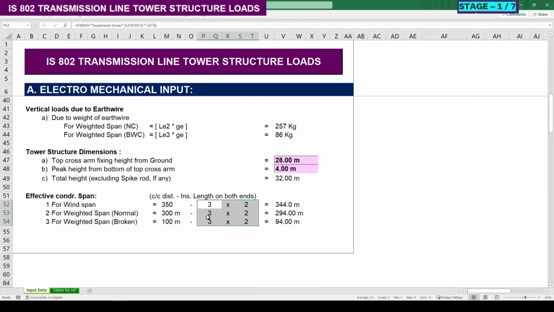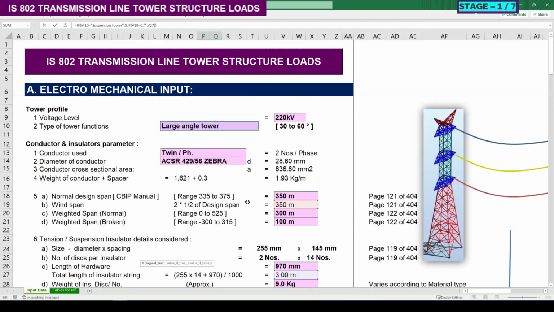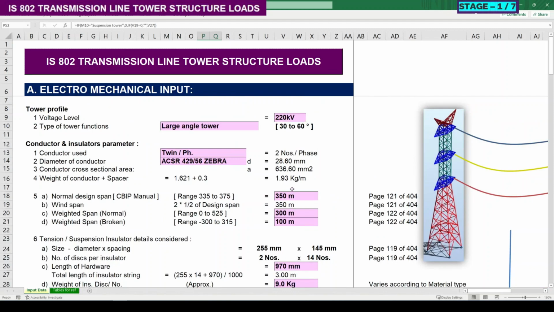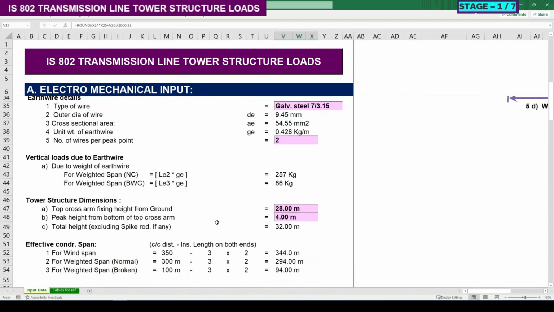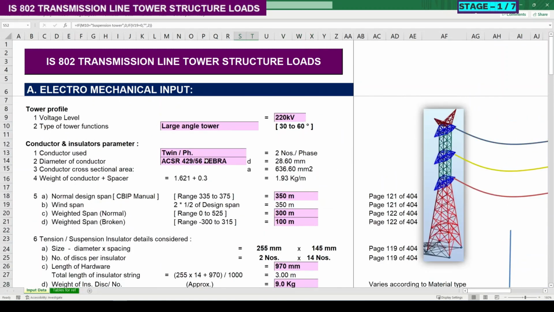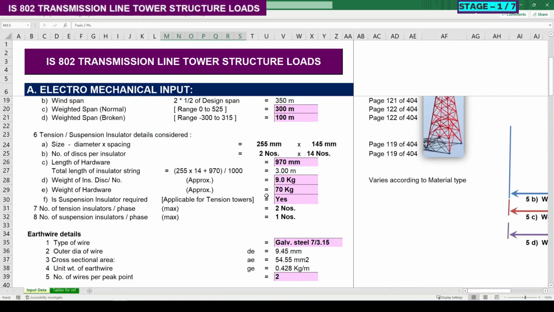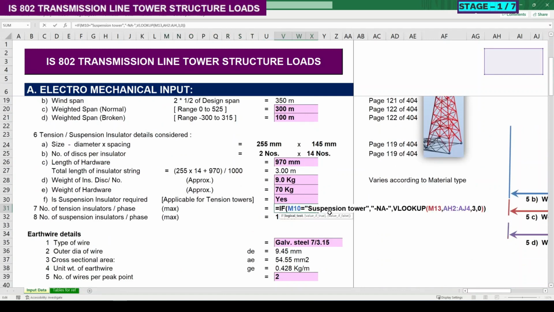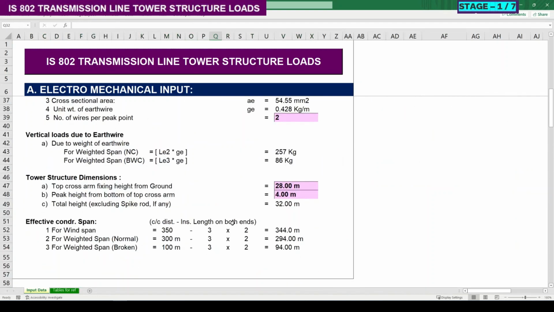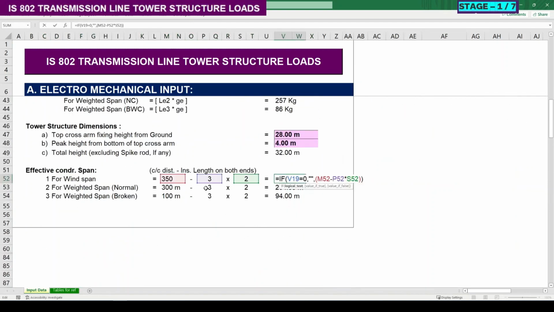So this length is 3 meter, which we had calculated here. It is 2 numbers, as we had selected a twin. So 2 numbers of suspension insulators come here, and then the number of tension insulators will be 2 here, with the same length.